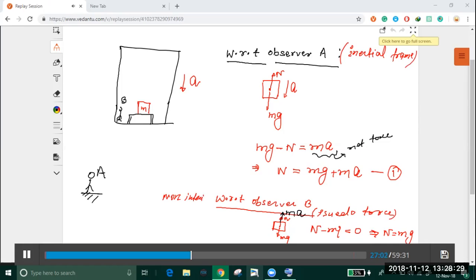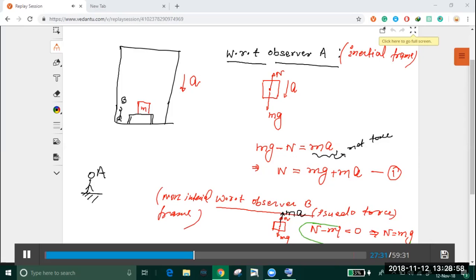So that's why it has been said that Newton's law is not applicable in a non-inertial frame. See, whenever I apply Newton's law in a non-inertial frame, I get normal equal to mg, right? Which is wrong. Clear now? Yes, this is wrong.